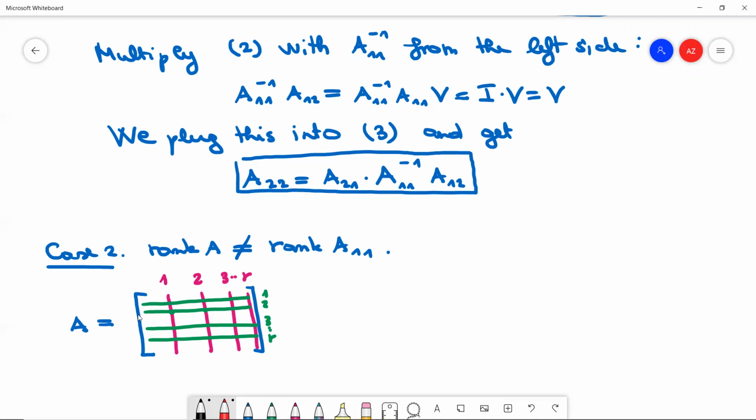So what would be the candidate for A11 in this case? So just the intersection of those rows and columns. So this would be the candidate for our A11. So A11 is an R times R submatrix which is invertible.